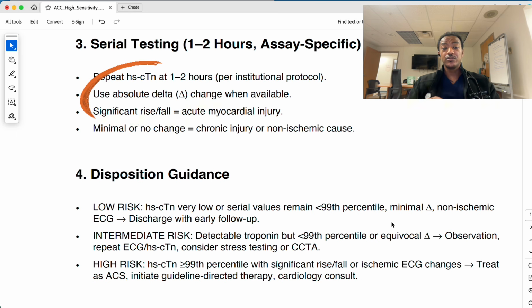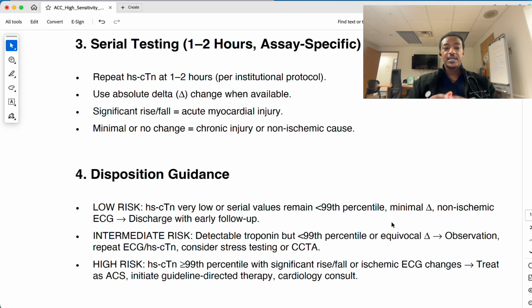When we were using the regular sensitivity troponins, we said a significant change in troponin is a 20% or more increment of the troponin after 3 to 6 hours. But here with the high sensitivity troponin, rather than the relative increase, it is the absolute value.